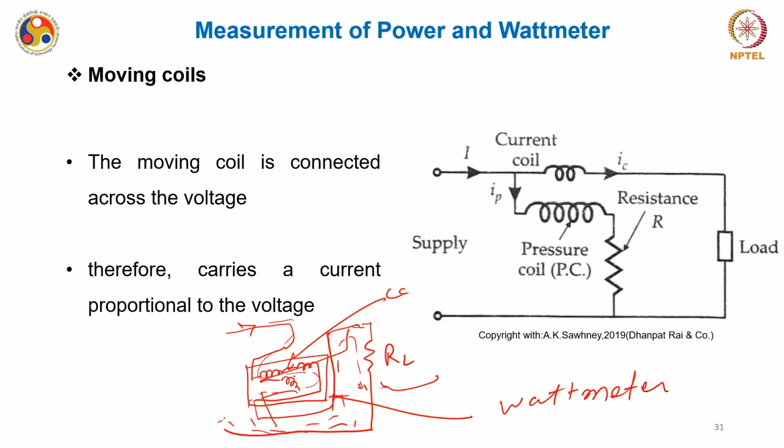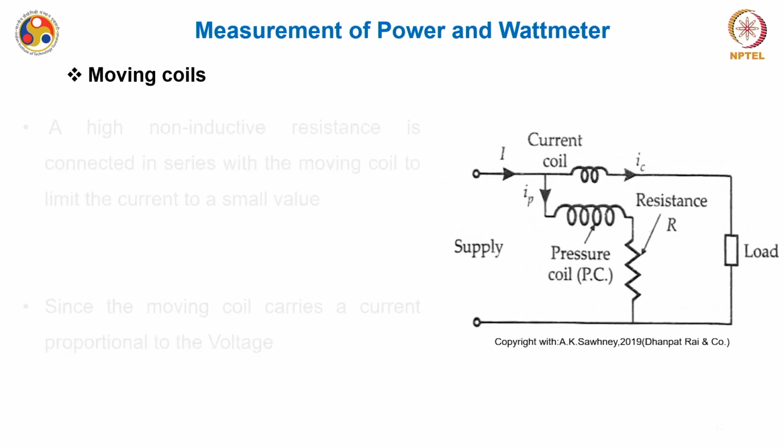So you have this current coil connected like this so that the same current flows through this as in the load, because this is what has to be multiplied with the potential. The moving coil is connected across the load so that the same voltage is dropped across it. So the moving coil, connected across the voltage, carries a current which is proportional to the voltage.